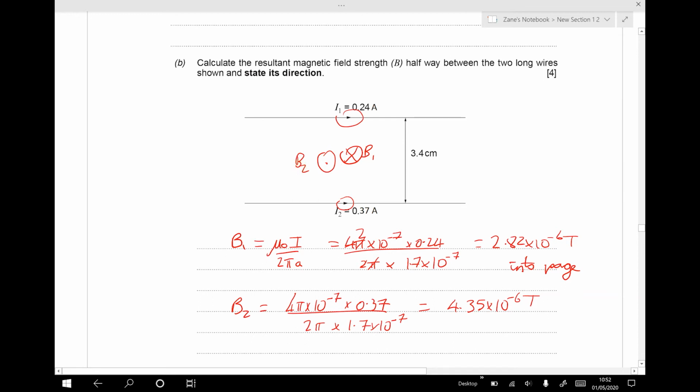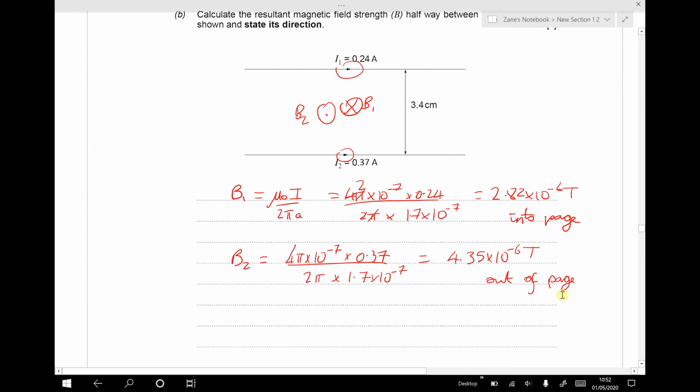So what we've got here are two fields, a weaker one, B1, into the page, and a stronger one, B2, out of the page. Remembering that fields are vector quantities, we can find the resultant field simply by subtracting the two answers.